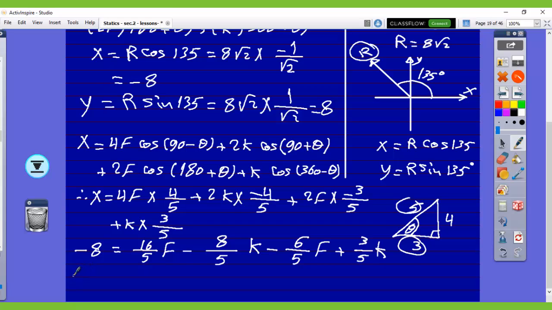So we have negative 8 equals what we have here, 16 over 5 f minus 6 over 5 f, which equals 10 over 5, which equals 2f.